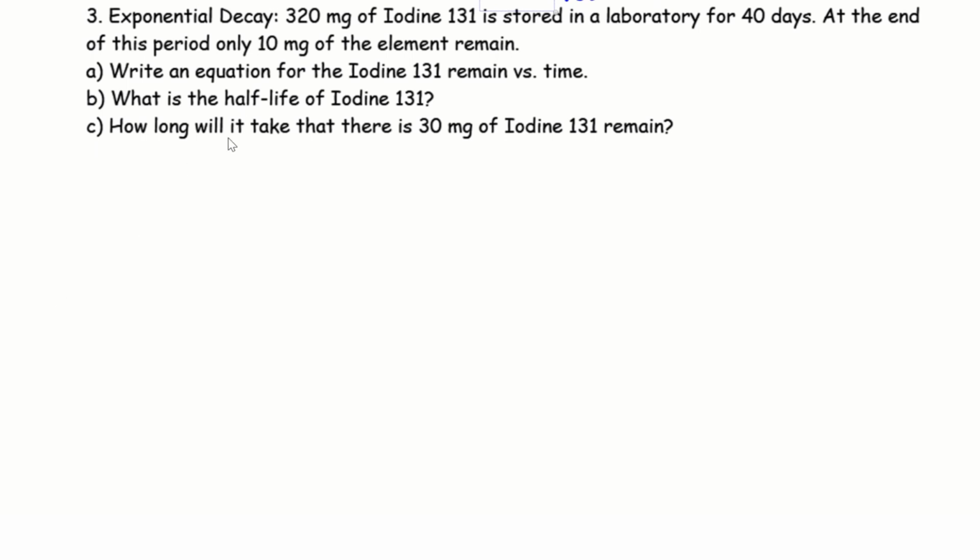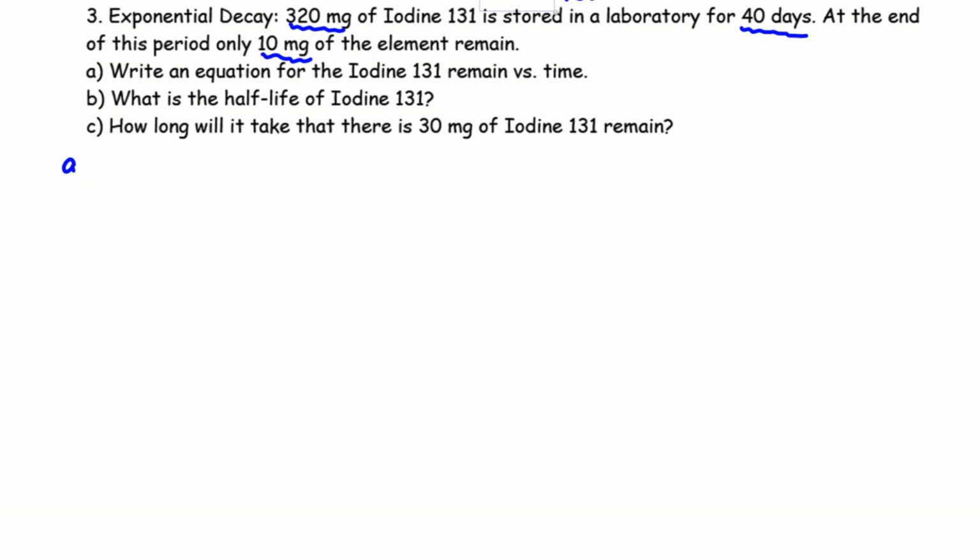And this one is exponential decay. So 320 milligrams of iodine 131 is stored for 40 days. At the end of this period, only 10 milligrams of the element remain. So it asks you to write an equation for the iodine 131 remaining over time.